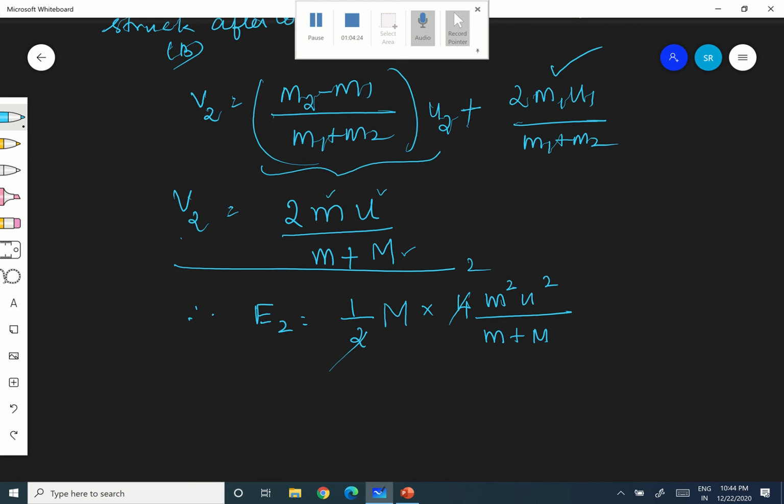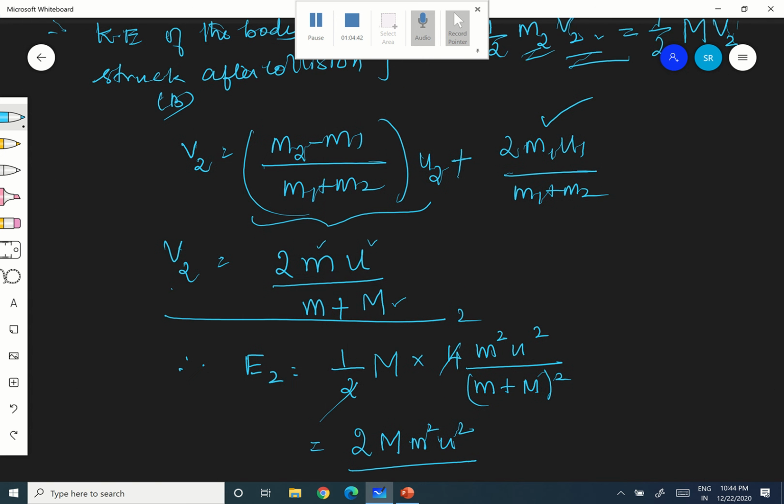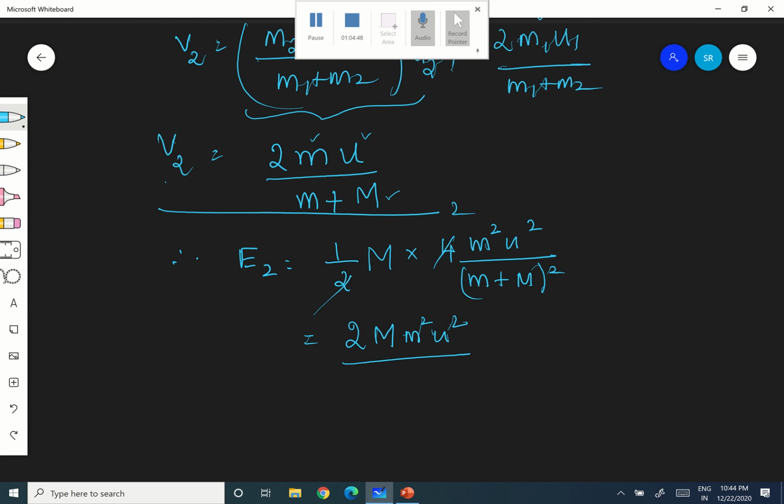Therefore you will be getting half capital M into V2 squared, where V2 is 2mU divided by m plus M. Therefore, this is correct, it is m plus M the whole squared.